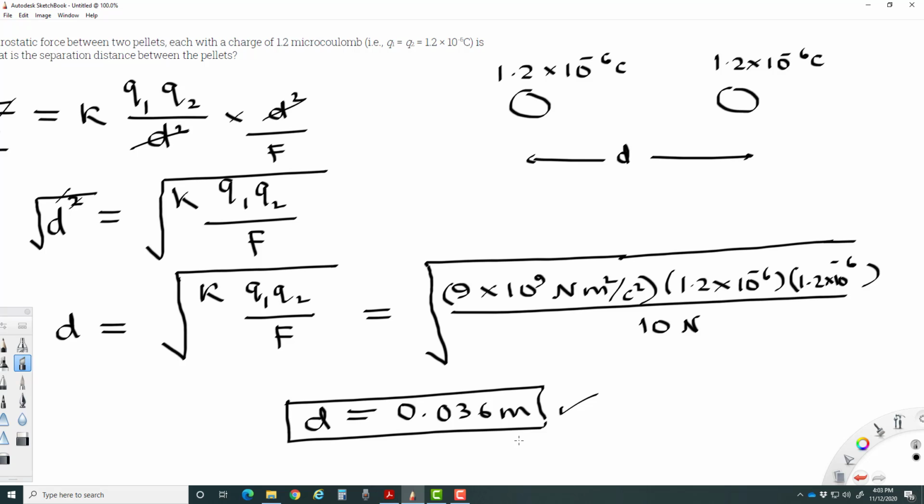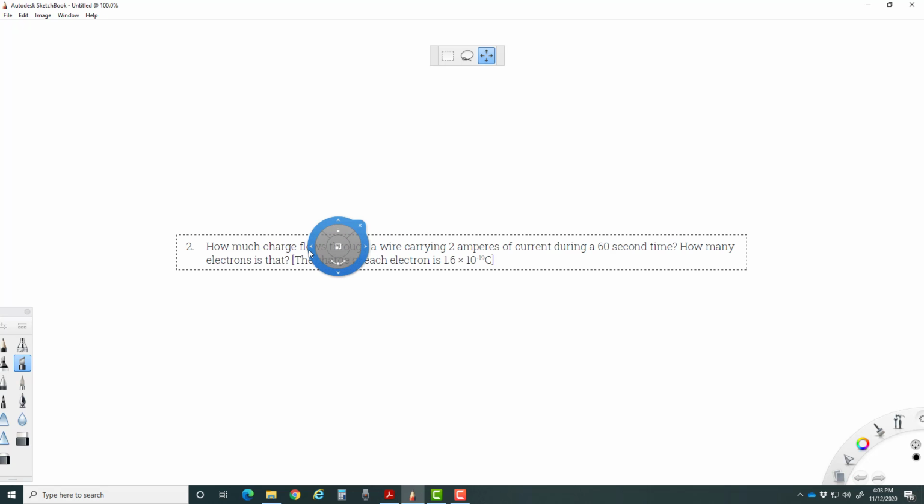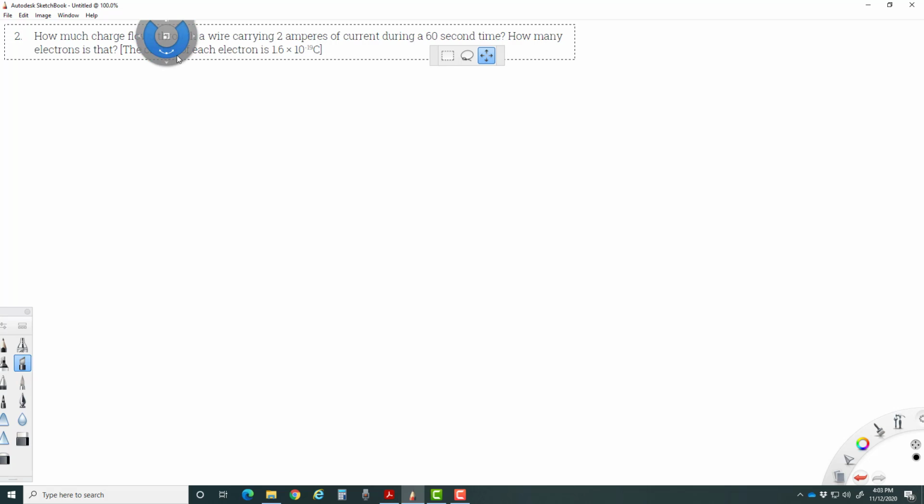Now let's look at the second problem. So that's the second problem: how much charge flows through a wire carrying 2 amperes of current?